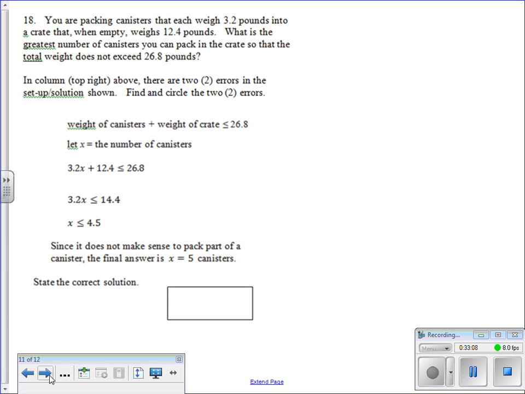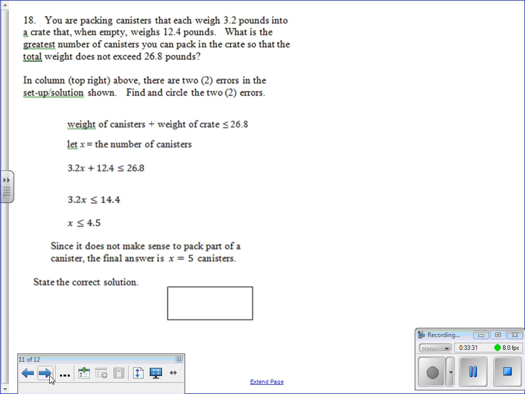Yep, that's true. It can be that, but it cannot exceed that. So it can be that, but it can't be any more than that. Okay. Let x equal the number of canisters, fine. So the weight of canisters 3.2 times x plus 12.4 is less than or equal to 26.8. Okay, are we good?